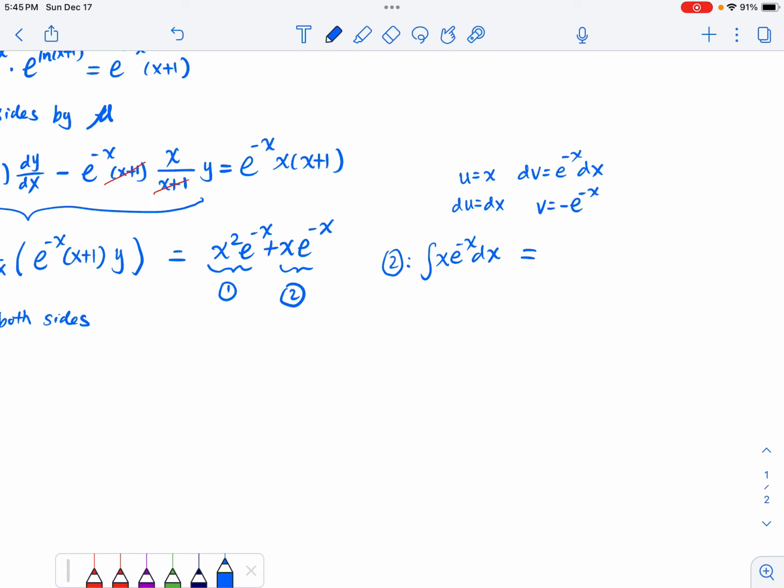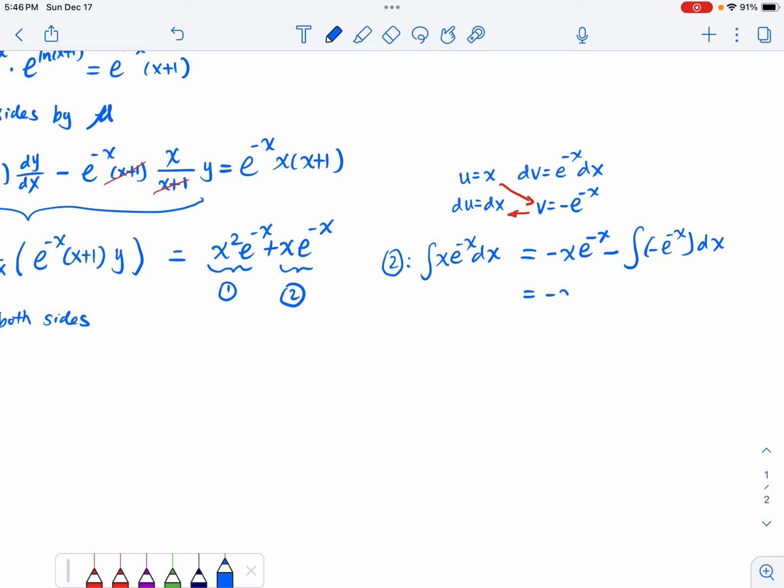So apply the integration by parts. So you have u times v here. Basically, you just do this, u times v. So it's going to be negative x e to the negative x minus v du. So do this, v du, the product of this and this. So which is negative e to the negative x and then dx.